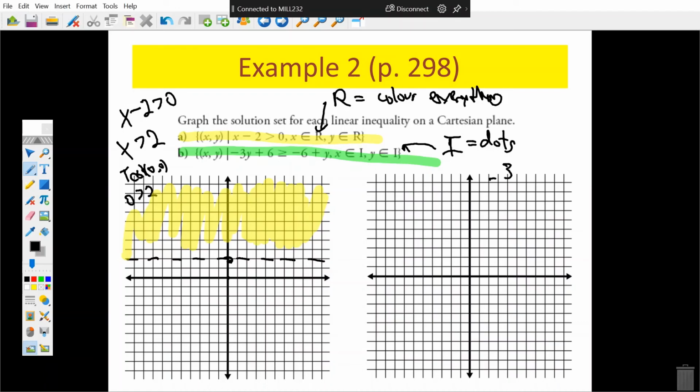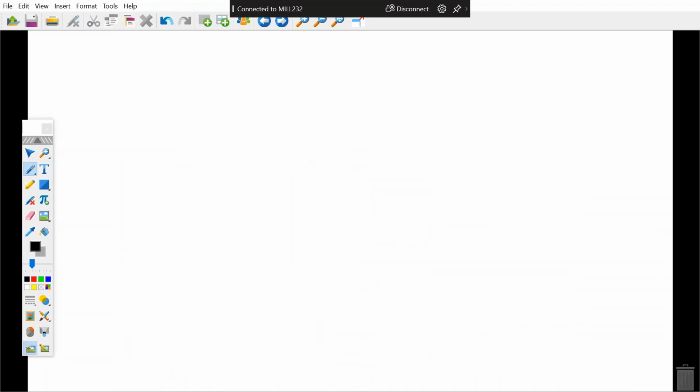Okay? For number 2, our equation was negative 3y plus 6 is greater than or equal to negative 6. I'm going to do this on here so you have a little more room.